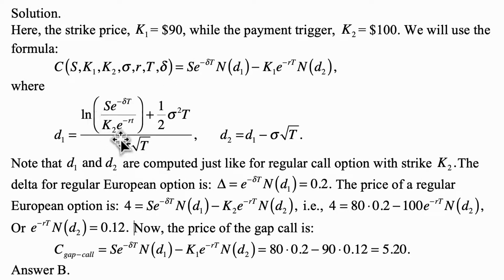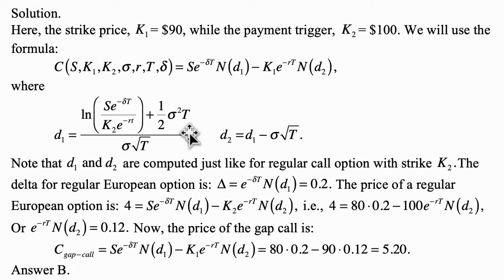So this K2 e to the minus rT is put here, and this is that price, the payment trigger, while in the present value of exercise price in the price of the option part, it's K1 that we see here.